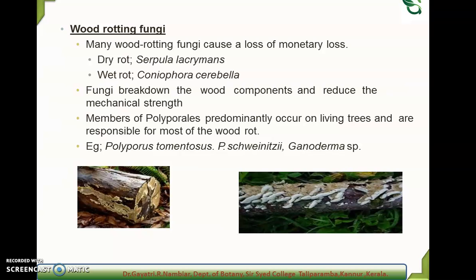Members of Polyporales predominantly occur on living trees and are responsible for most of the wood rot. They reduce the quality of wood in furniture, living trees or dead trees. Examples include Polyporus, Ganoderma, etc.